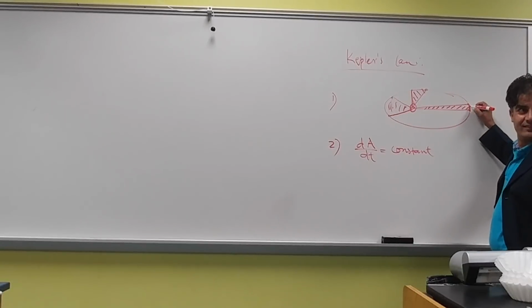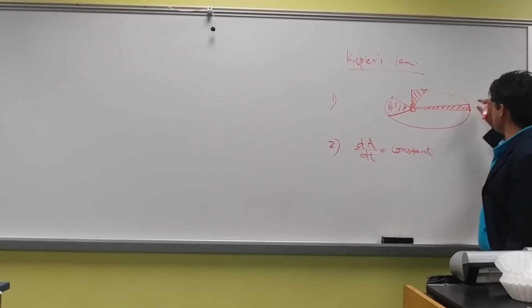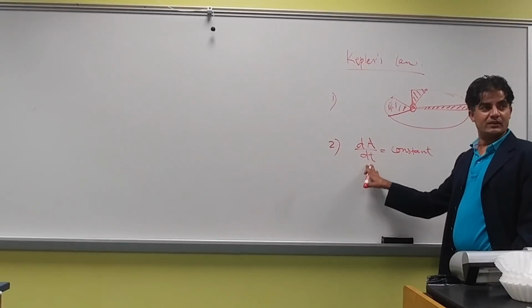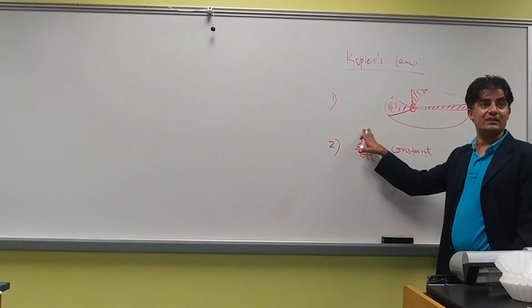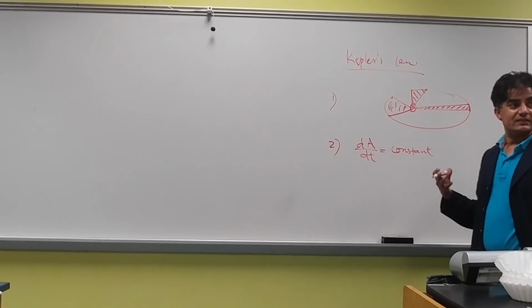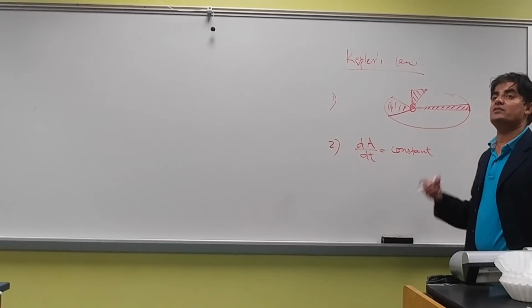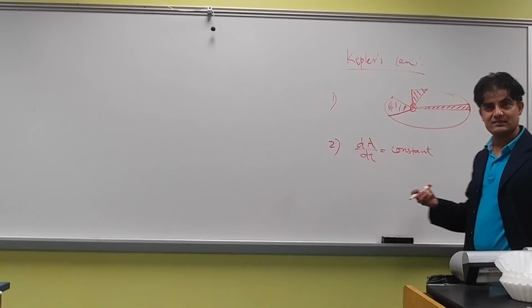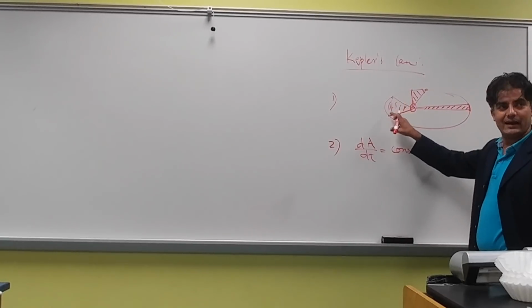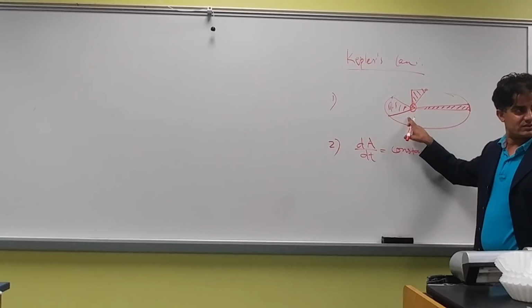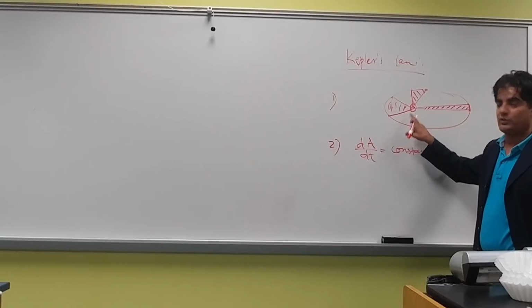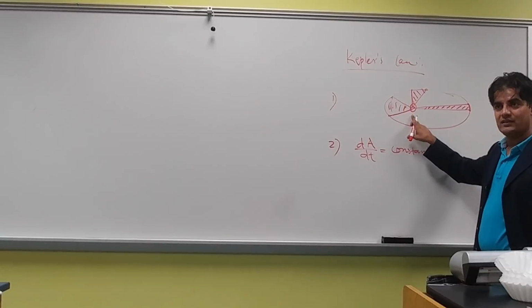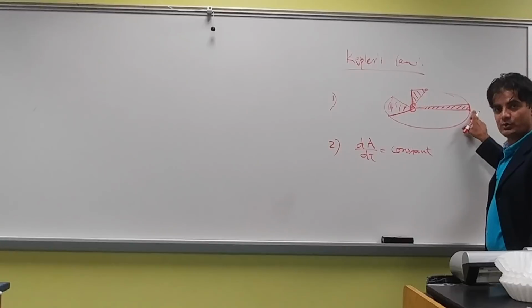That leads to another important piece of information: the velocity will be higher if it is closer to the focus, or closer to the sun, and it moves slower if it is far from the sun.